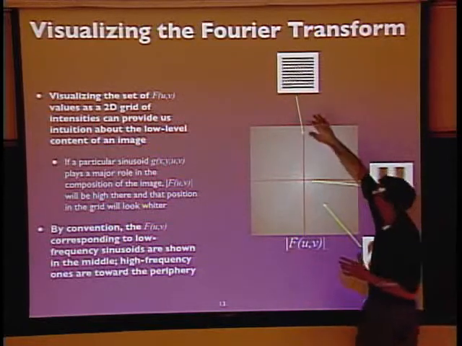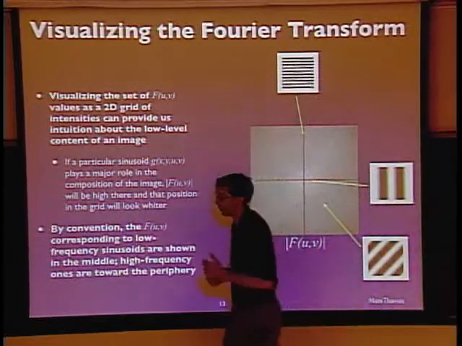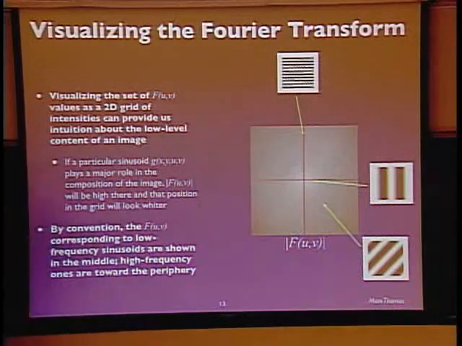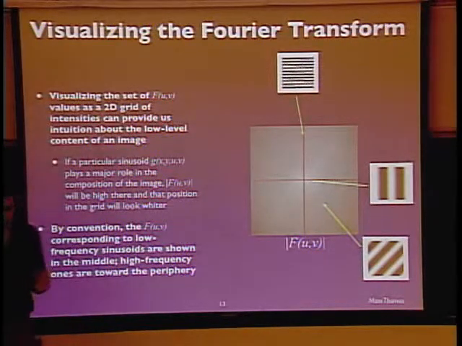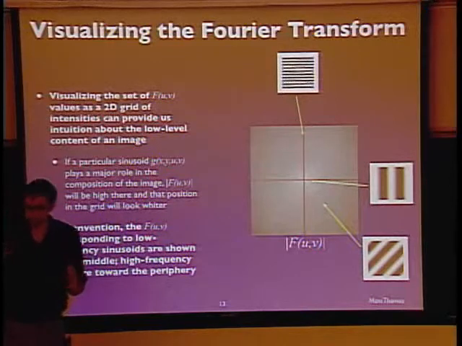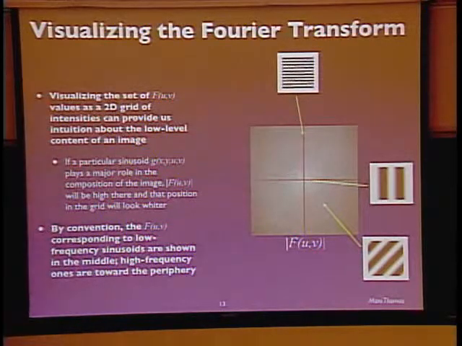This point represents the magnitude of the coefficient you get out when you analyze it with that sinusoidal function, and so on. And kind of the gist here is that different images will have different sinusoidal functions that play a role in representing it. I know that's a vague term, but that's how you should think about it: there are some sinusoids that are major players in images, and other ones that are not. And we'll go through some examples that show that.